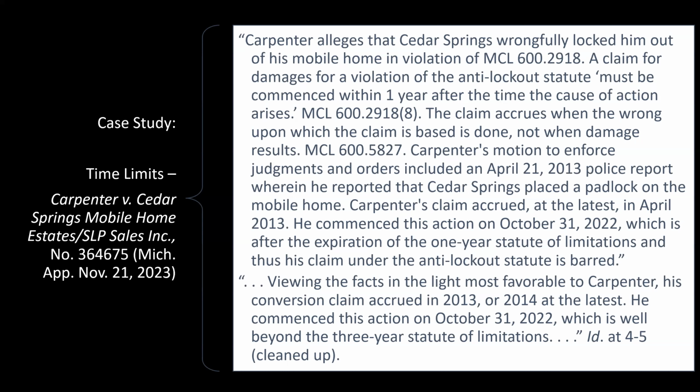And the circuit court reviewed the district court decision in an anti-lockout case. And there, the circuit court awarded judgment on the counterclaim under the anti-lockout statute and awarded $20,200, which amounts to $200 per day during the period in which heat was required but not provided.